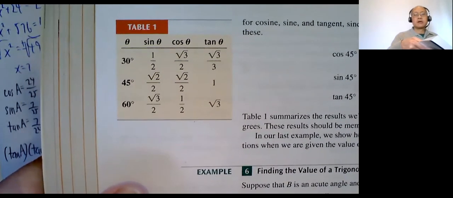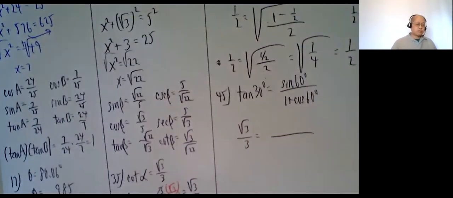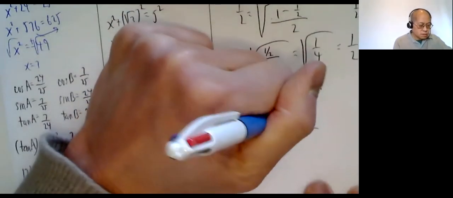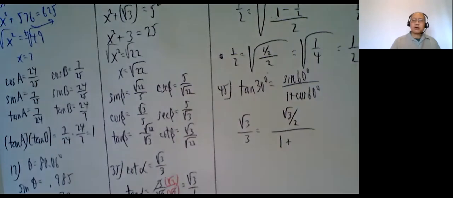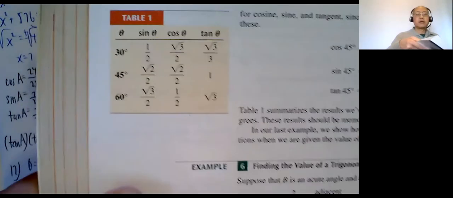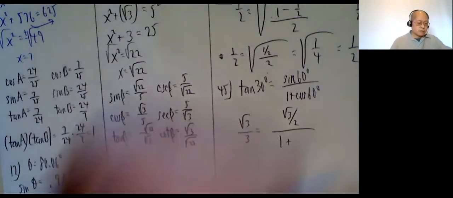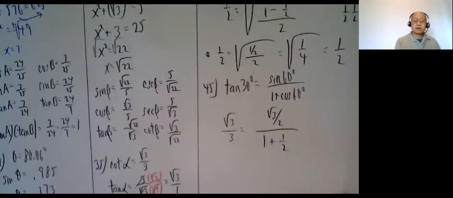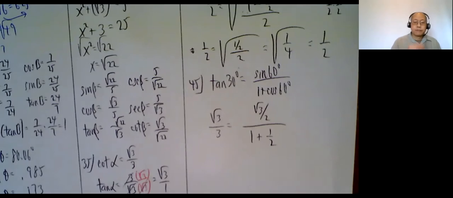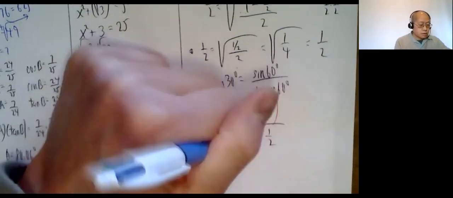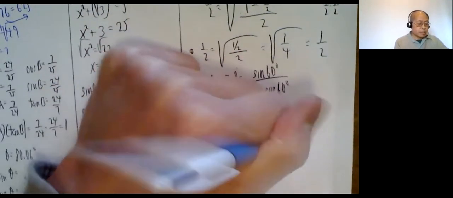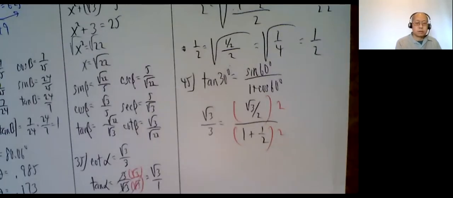Sine of 60 degrees, radical 3 over 2, over 1 plus cosine 60 degrees. Cosine 60 degrees, 1/2. Okay, make this look nicer if I multiply top and bottom by 2.